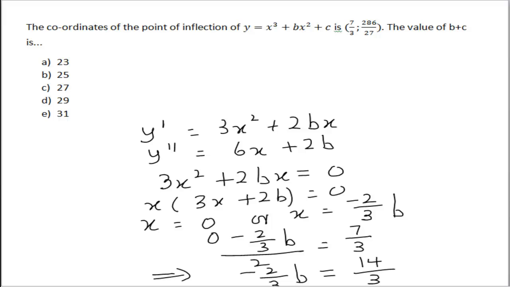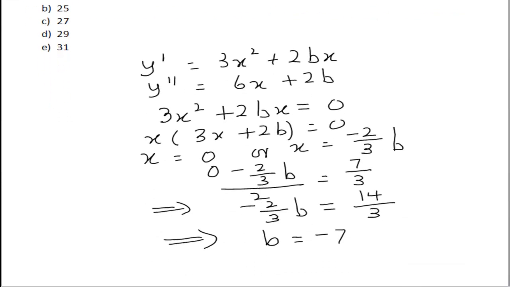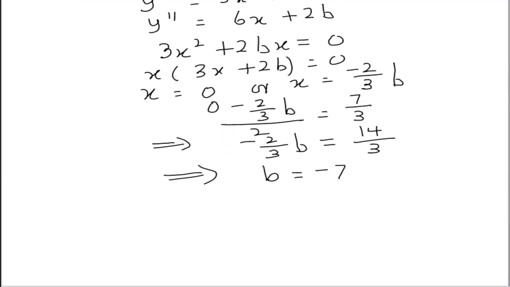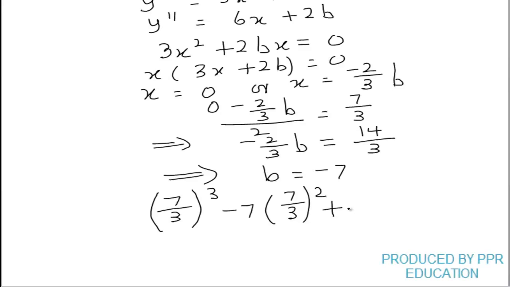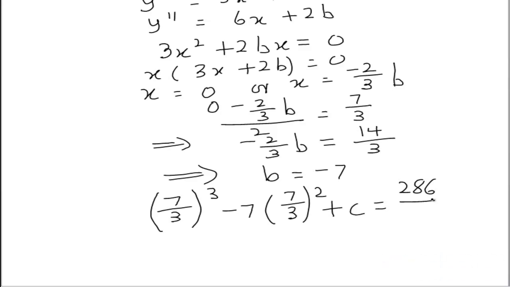So substituting that in, we will now say 7 over 3 cubed, plus minus 7, and the b we use, 7 times 7 over 3 all squared, plus c must be equal to the value that was given as 286 over 27.